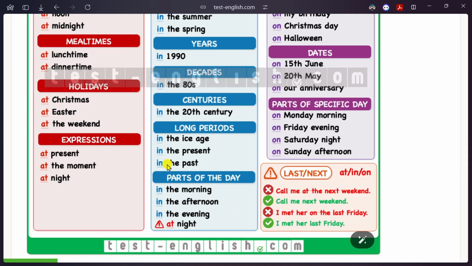Be careful with this. You see, in the present, or at present expression. I think we'll have some more examples of how to differentiate these two. In the present, at present. In this present life, yes. In the present life.